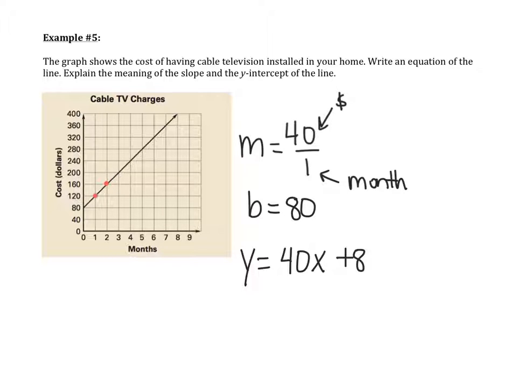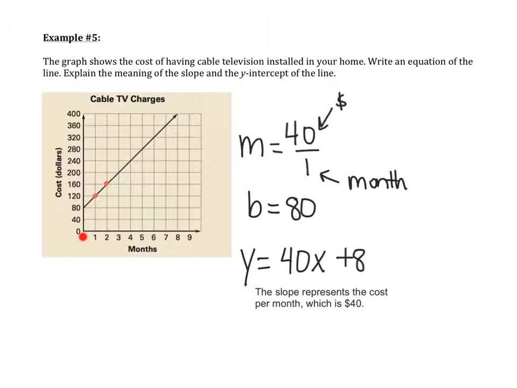Now it wants me to explain the meaning of the slope and the y-intercept. So the slope, like we said, was $40 over each month. Remember, this means like per, so it'd be $40 per month. So again, my slope represents the cost per month, which was $40. And the $80 is how much you were charged before any months had elapsed.